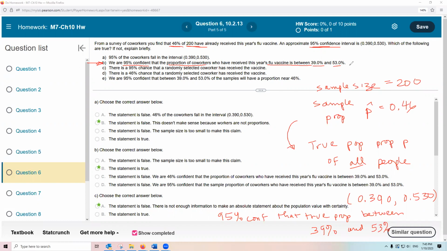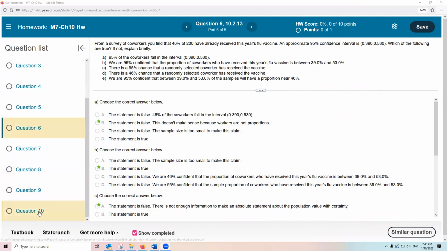So answer B is the type of conclusion you come to with a confidence interval. Remember, it's always going to make a statement about the population measurement, the population proportion or the population mean, because that's the whole reason you construct a confidence interval: to come up with this estimate for the population proportion or the population mean, which is unknown.